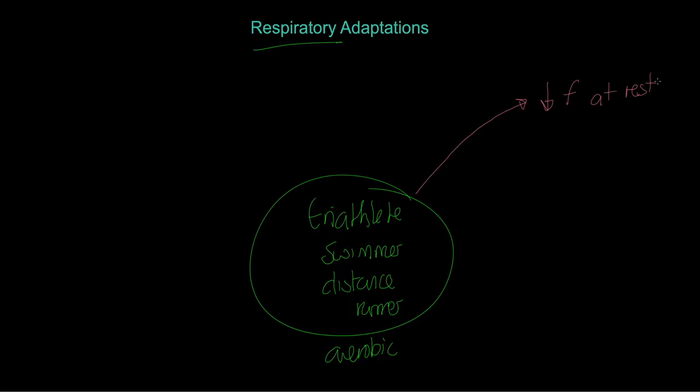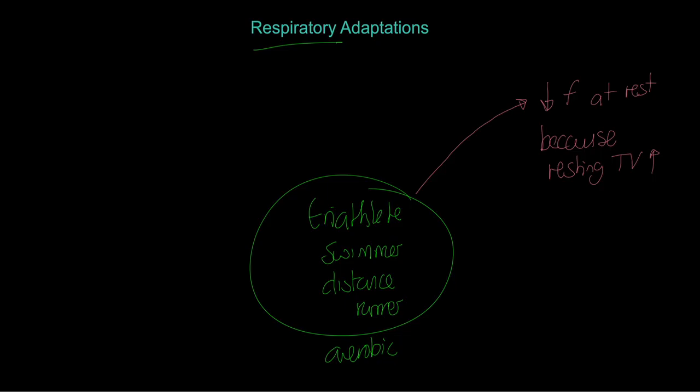Now that seems a bit counterintuitive. Less breathing, why? Well, because of course their tidal volume is greater. As a result of that, we can also take that a little bit further. We can say because resting tidal volume, how much air is breathed per breath, has gone up. So to maintain minute ventilation, that's the relationship that we have.